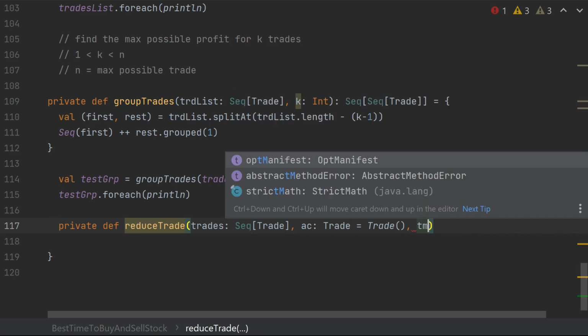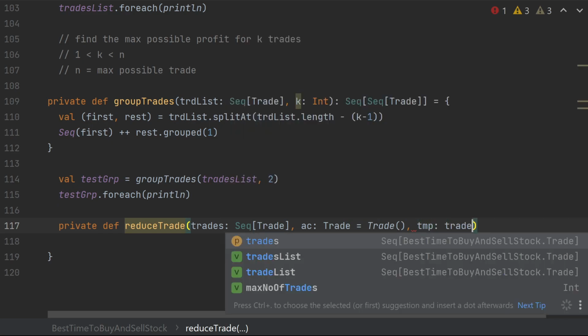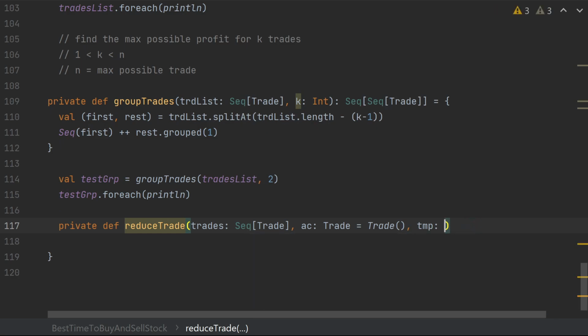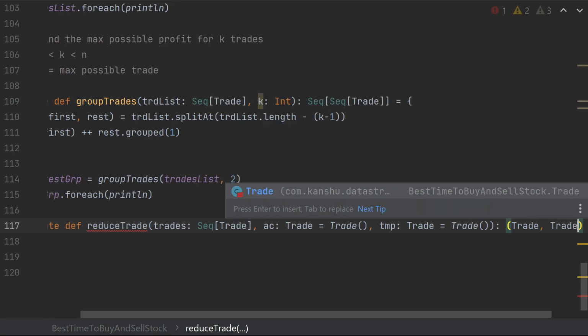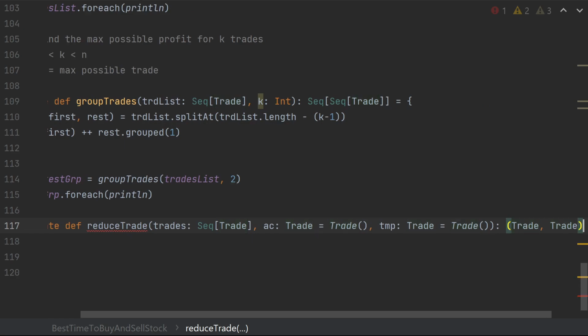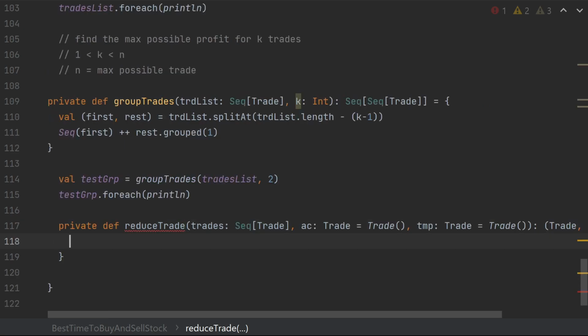Now we have a temp, again of type trade, which will also have no trade value as of now, and it is going to return again. First is the accumulated trade and next is the buffer that we are going to consider in our reduce.